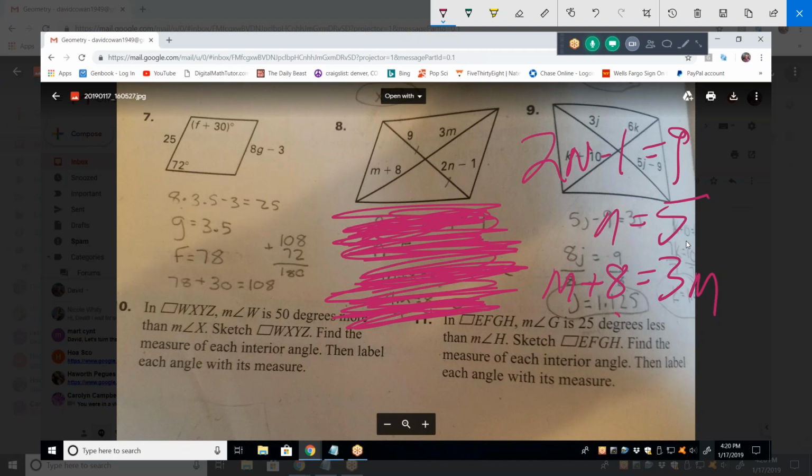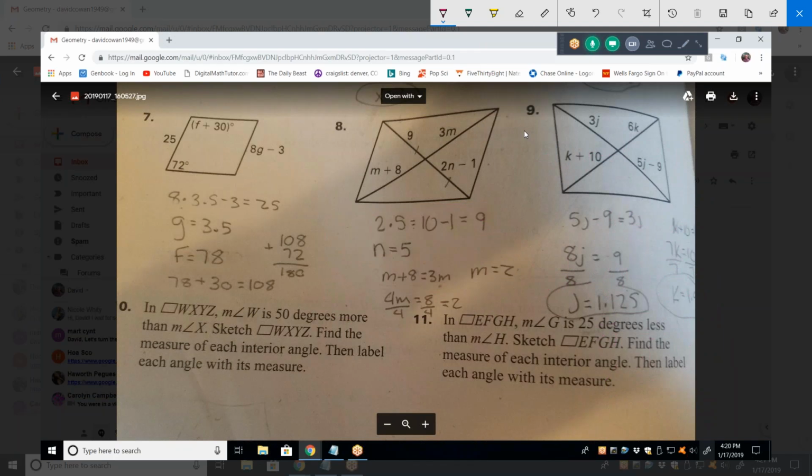Well, it's better to leave the 8 on the left side, subtract 1m from both sides, and now I got positive numbers everywhere. And m equals 4. Yeah. Okay.